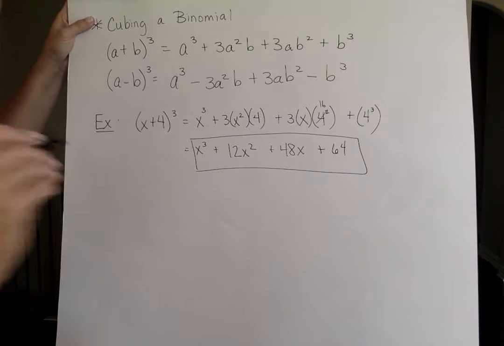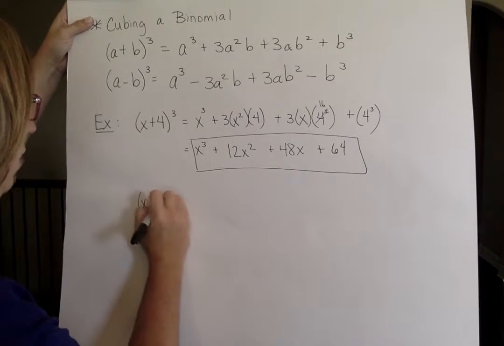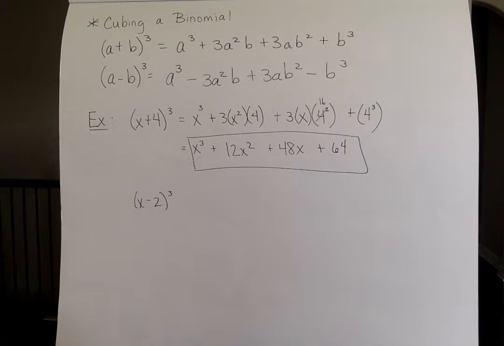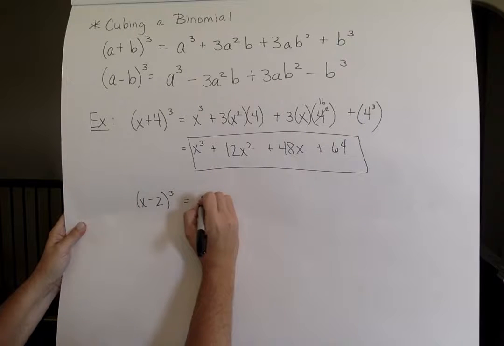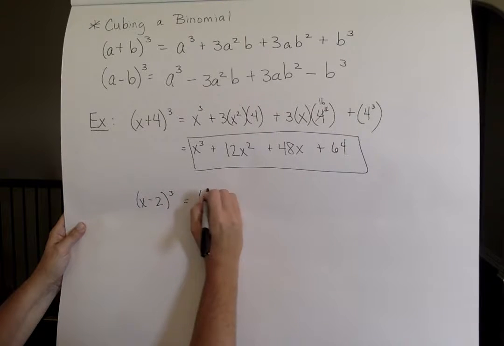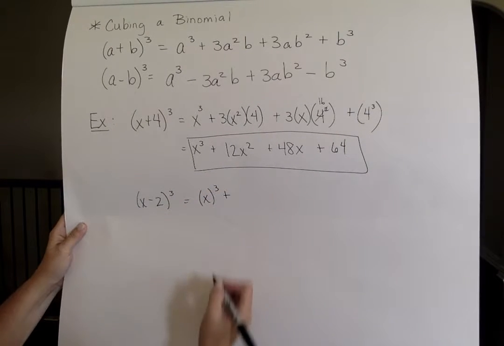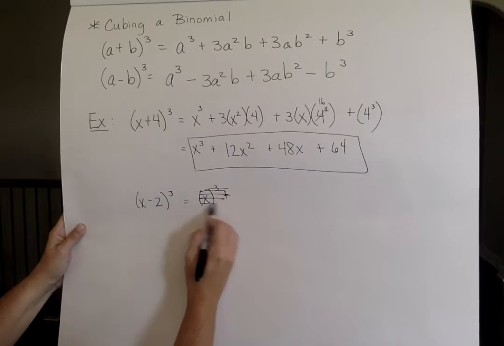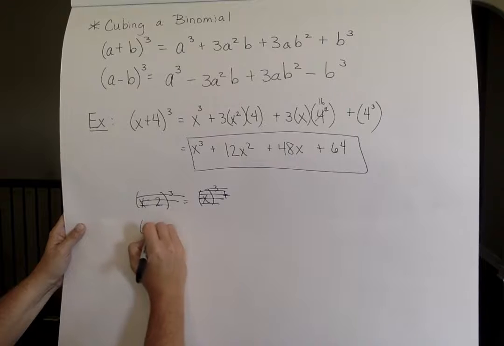This time with a minus sign, we'll do x minus 2 cubed. So we'll start with the first thing cubed. I might even use some parentheses there. Plus 3, or no, not plus. Ooh, start over.